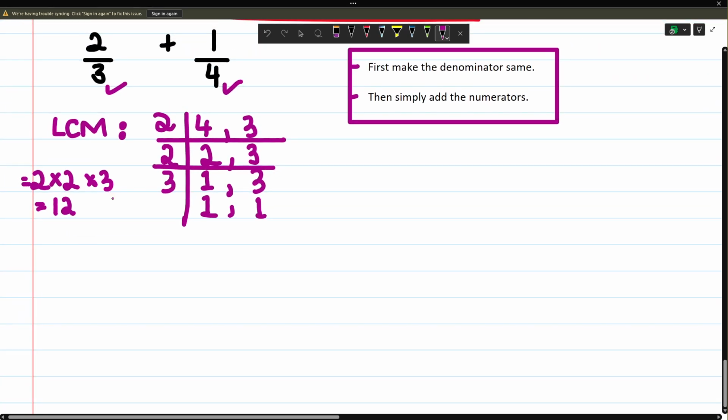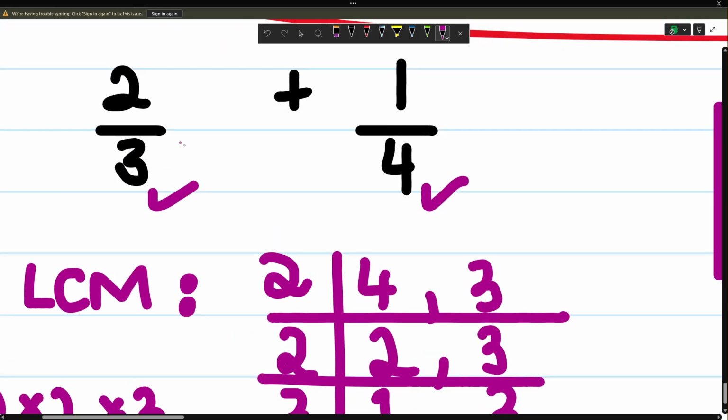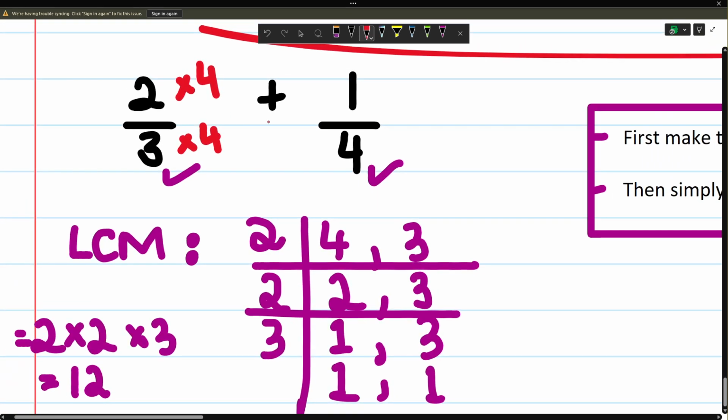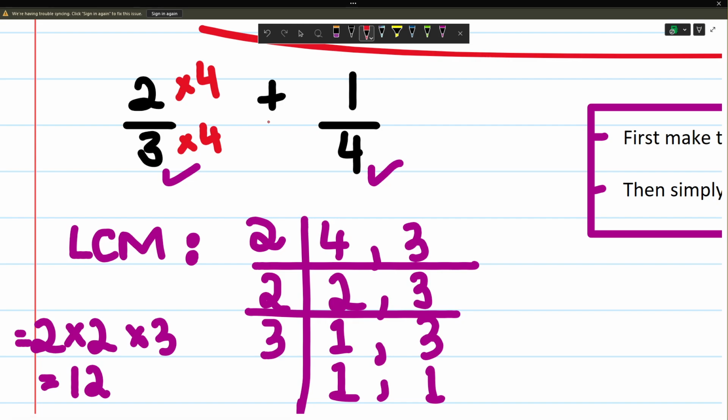Exactly. Now we are going to make the denominators 12. How do we do that? As you can see over here, we have 3. So we got to multiply by 4, and multiply by 4 on the top 2 as well. Because there is a rule of maths: whatever you do at the bottom, you have to do at the top too. You have got to do the same thing on either side of the fraction or either side of the equation. Because if I go one step forward and then one step back, I should come back to my previous equation.